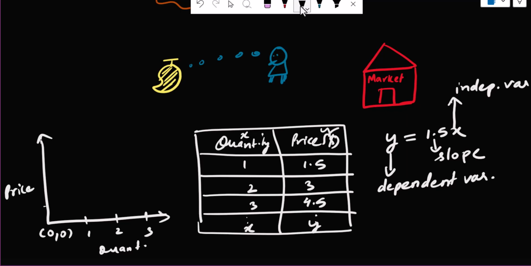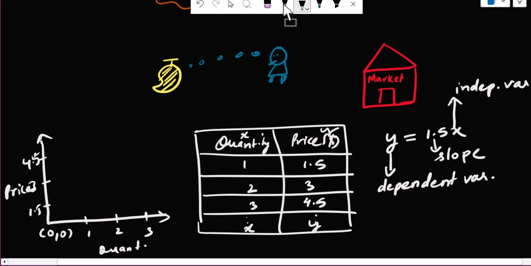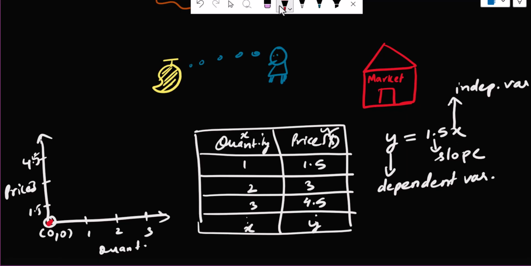So price starts from 1.5, 3 and then 4.5. Let's jot down these points. For 0 we have 0. For one quantity the value of price is 1.5. For 2 quantity the value of price is 3. And for 3 quantity of mangoes the price is 4.5.